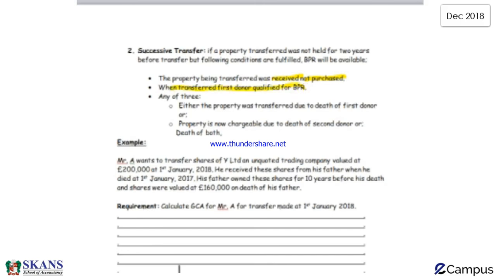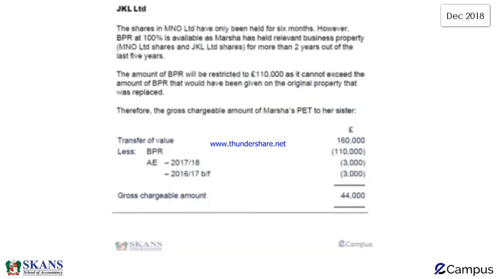That means he would have held it for a complete 2 years. And either the first person who transferred this to your client or your client is dying. Only then will we say that it is a successive transfer. In this case, we will still be able to claim BPR even if our client did not hold it for a complete 2 years of ownership.